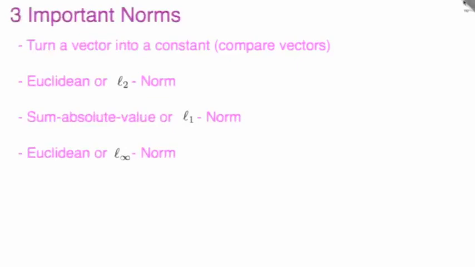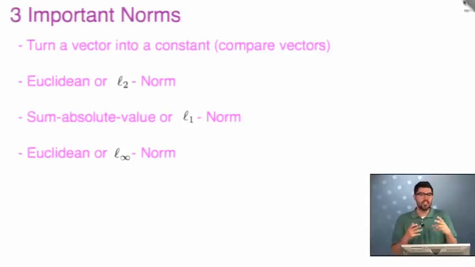So let me finish up with 3 important norms. When I say a norm, what I'm looking for is a way to compare vectors. How do I know whether this vector is better than this vector? Remember, we're talking about optimization in this class.